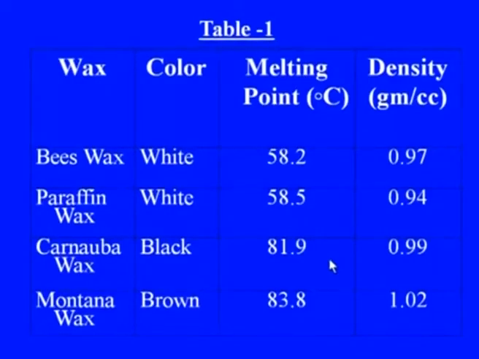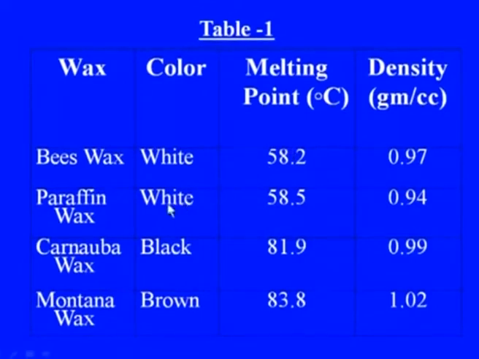This table shows the different waxes used in this process. These are the most widely used waxes, namely beeswax, whose appearance is white and melting point is 58.2 degrees Celsius, which gives a density of 0.97 gram per cubic centimeter.